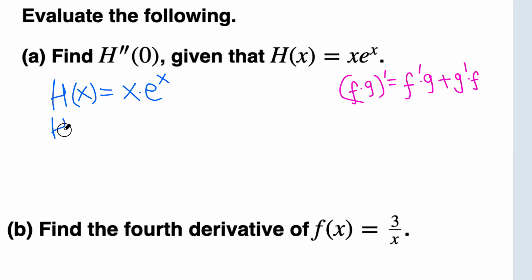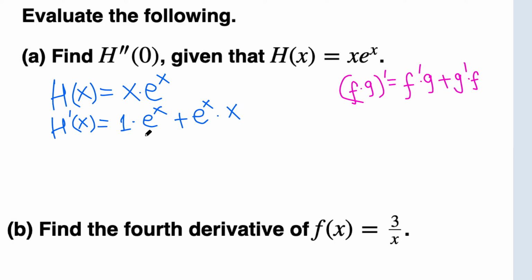So h prime equals the derivative of the first factor times leave the second alone, plus the derivative of the second factor, the derivative of e to the x is e to the x, times leave the first alone. So this is the first derivative.